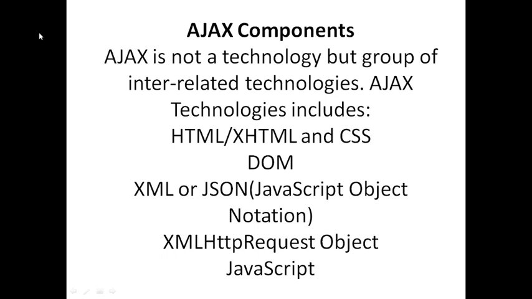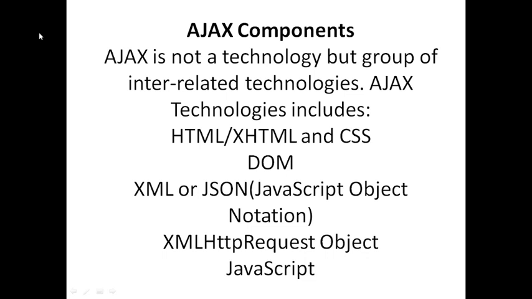What are the components? As I told, it is not a single technology but a group of interrelated technologies. So what are the different technologies? HTML, XHTML and CSS, it comes along with CSS.